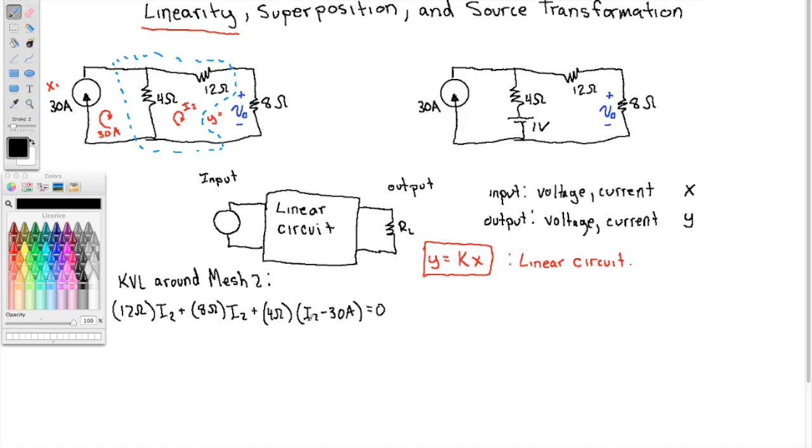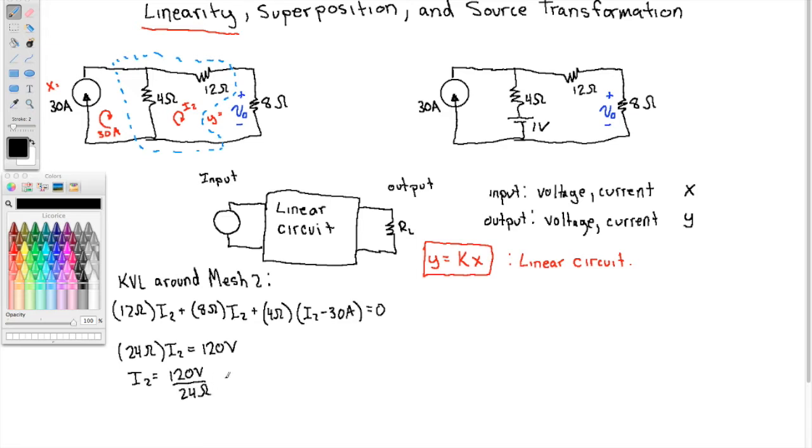So now I can combine the like terms. I've got 4, 8, so that makes 12, and another 12, so that makes 24 ohms times I2. And then the constant term, I have 4 ohms times minus 30 amps, so that makes negative 120 volts. I'll add that to the other side, making 120 volts. And so that means I2 is 120 volts divided by 24 ohms.